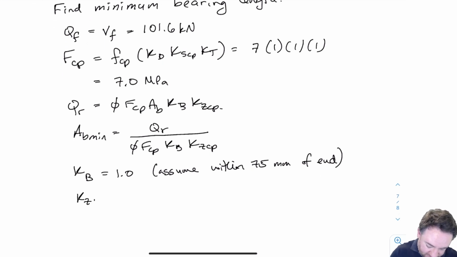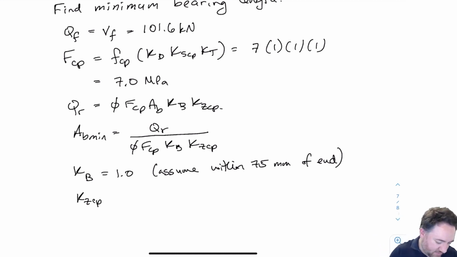which is our size effect factor for bearing, we are going to have to figure out what is the aspect ratio of the top ply of our piece of glulam, and we're looking at 130 by 646. So the top ply is going to be 130 wide, and the thickness, we're going to assume that it's 38.